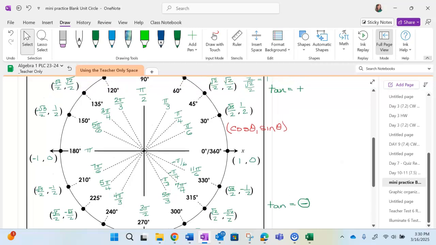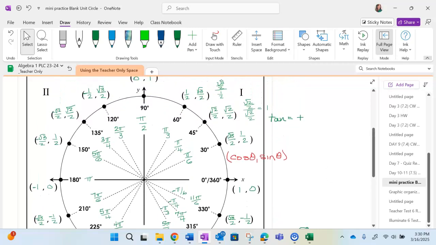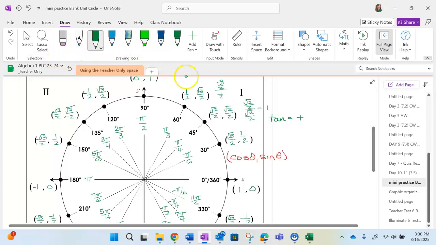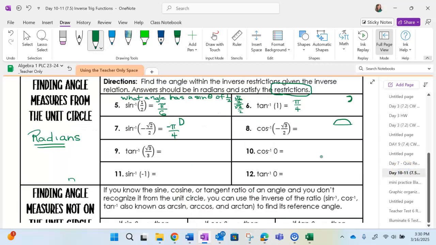Which one of these has a negative square root of 3 over 2 as a cosine? It's not in the first quadrant, so it is in the second quadrant. Right here is 5 pi over 6, my answer. So let me go back here and put 5 pi over 6.